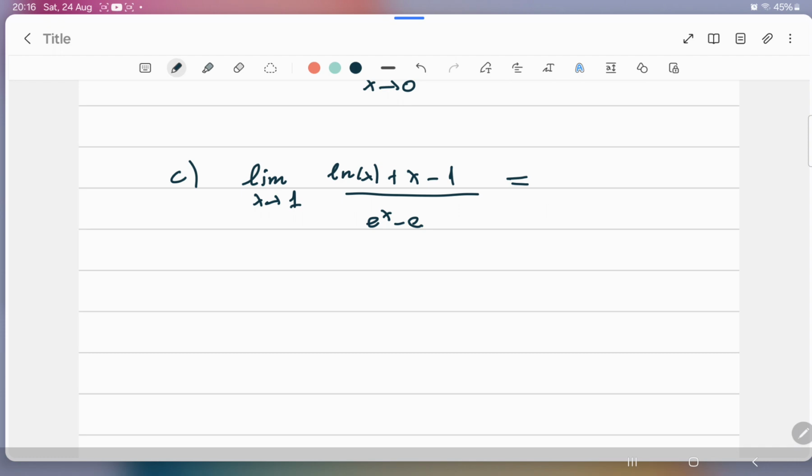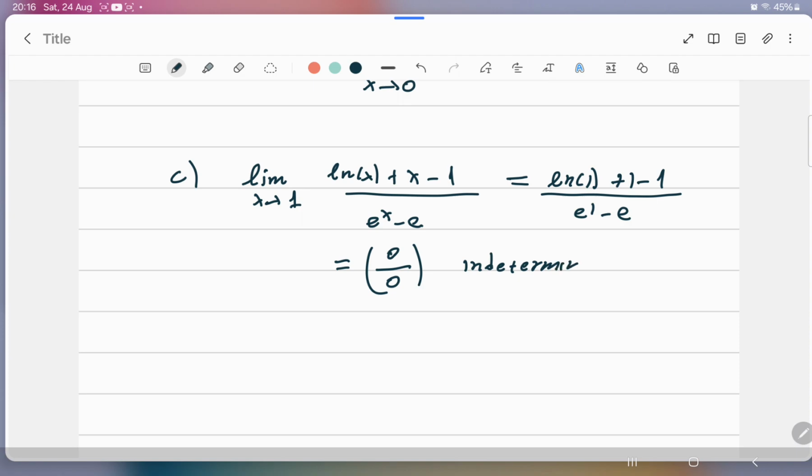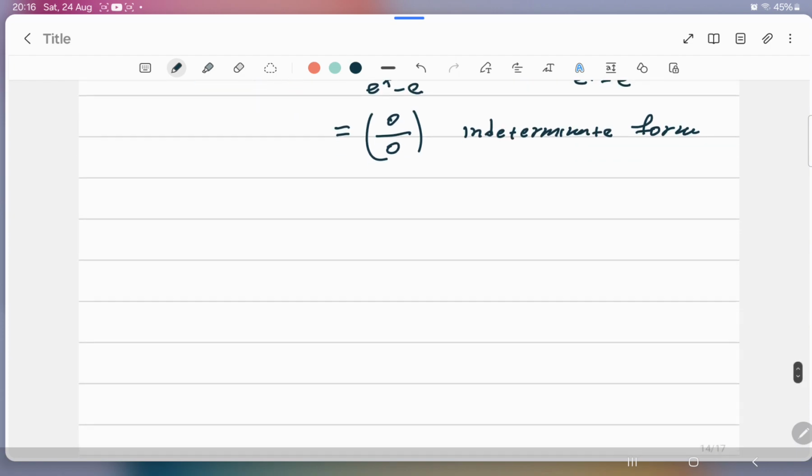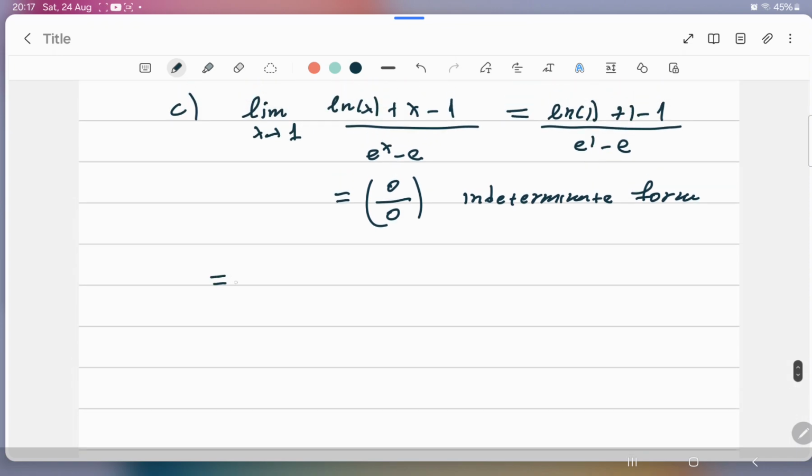So if I make the substitution, I have natural logarithm of 1 plus 1 minus 1 over e to the power of 1 minus e. So I get an indeterminate form. And for this reason, I can use the L'Hopital's rule.